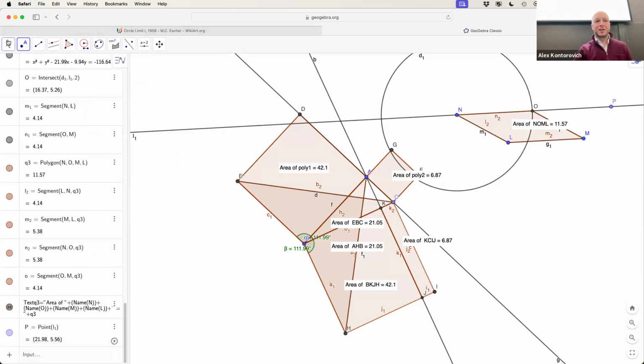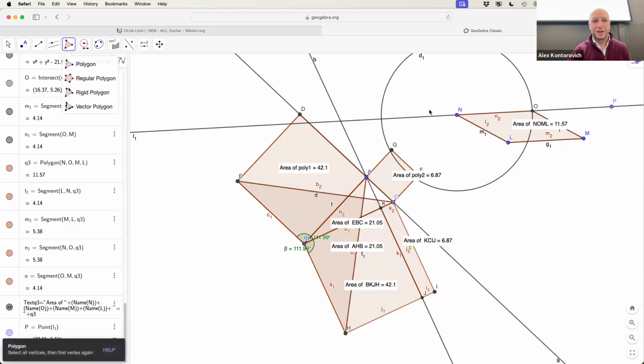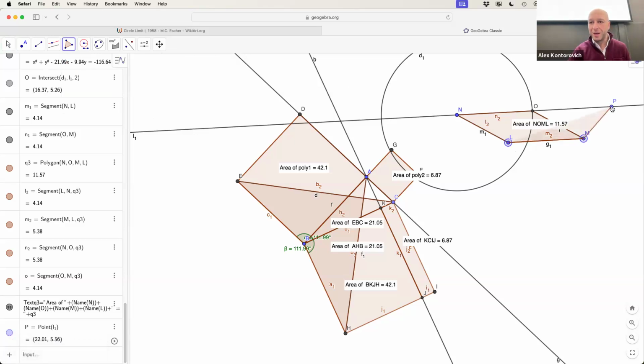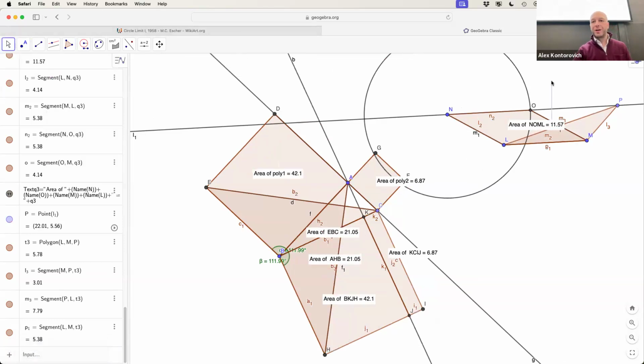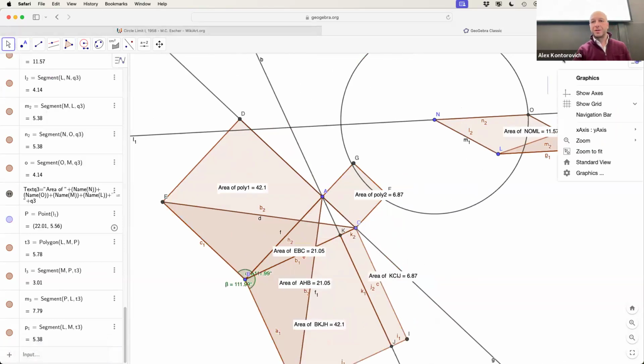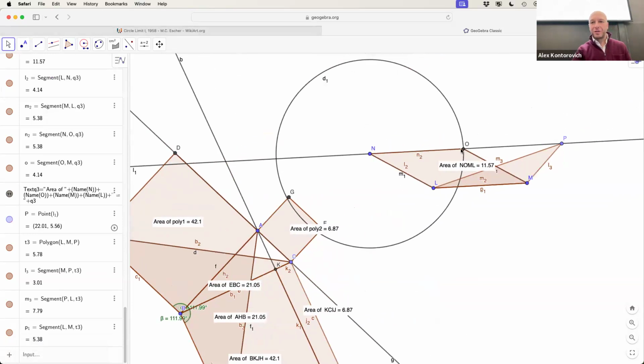P is just any point on the parallel line, parallel to the base LM, and I'll draw a triangle from L to M to P. Josie, does this make sense? So if I draw a polygon from L to M to P and back to L, this is the situation of I-41.